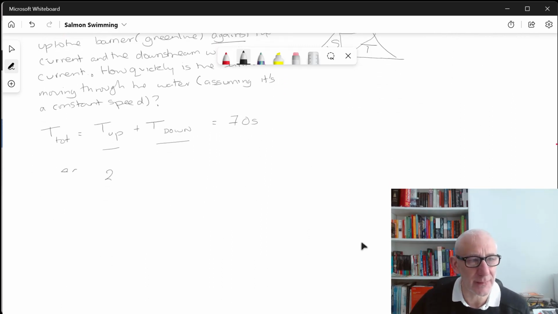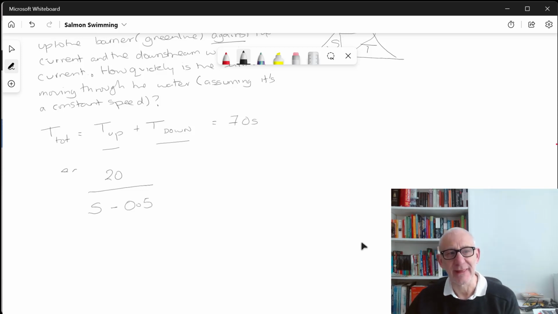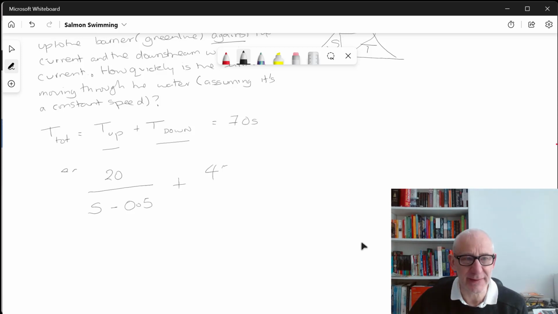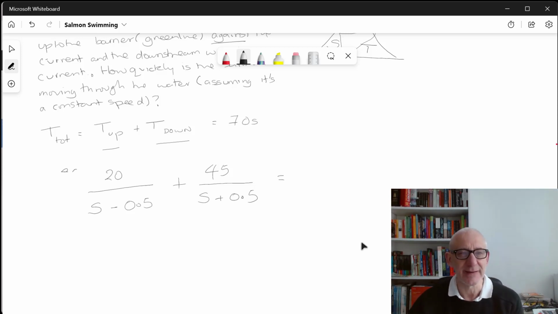20 meters to go up, and we know he's going at his salmon speed through the water, but the water's pushing back at 0.5, so that's his speed through the water. On the downward leg, he's got to go for 45 meters, and this time he's still going at salmon speed, but this time the water's helping him because it's pushing him downstream, and we know that that is equal to 70 seconds.